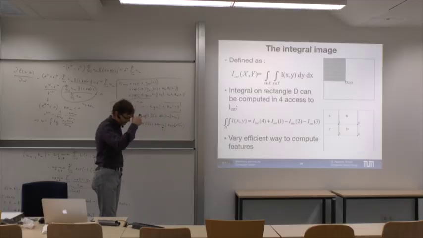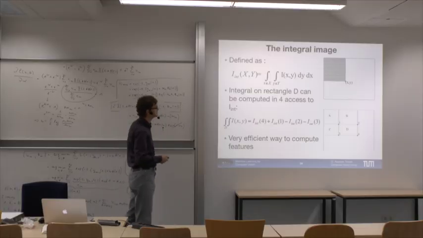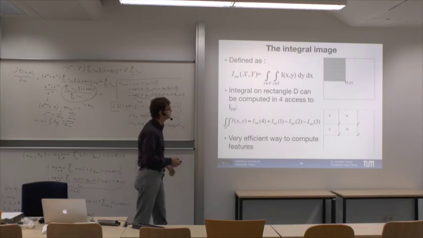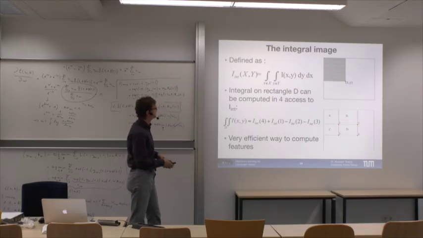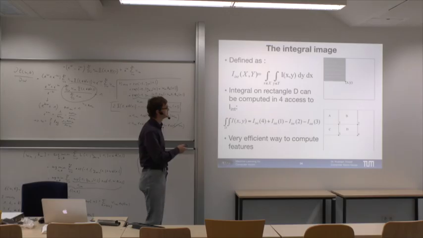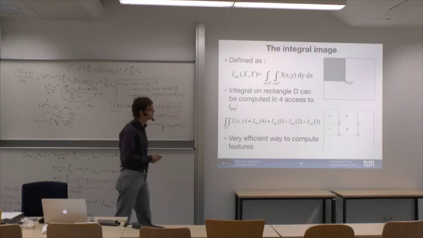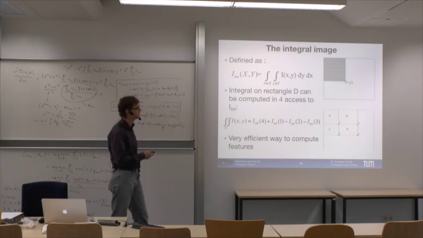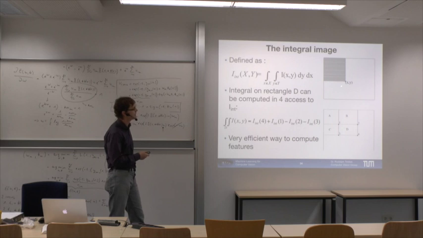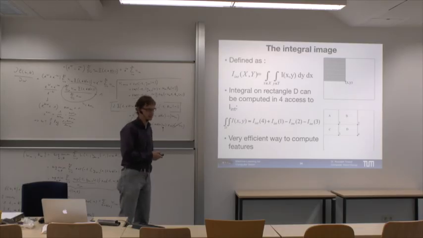Now, there's a very fast way of computing these Haar-like features. This is called the integral image. The integral image simply computes first the sum over all pixels from the top left pixel to a given pixel x, y. So you simply compute all these sums here. And then with that you can compute all the sums that you need for a given rectangle by simply subtracting sums.